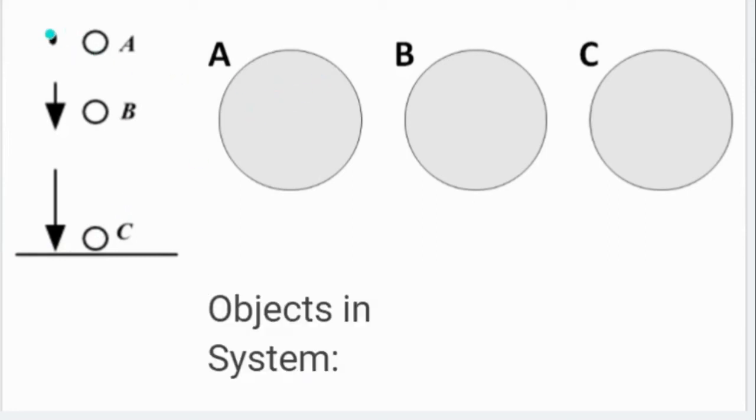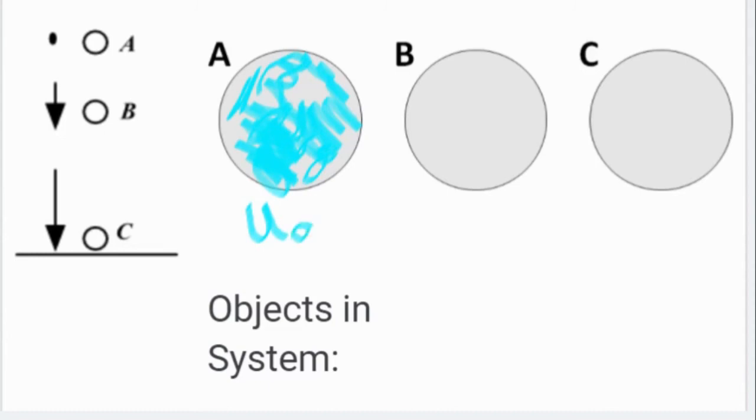At position A, the ball is not yet moving, so it does not have kinetic energy, but it does have a height and a mass. Therefore, at position A, our object will have all gravitational potential energy.